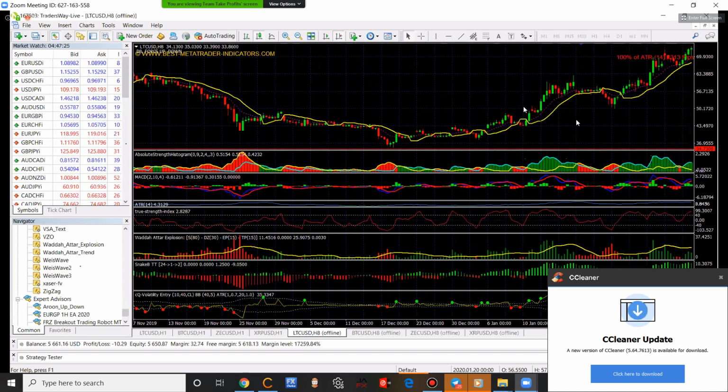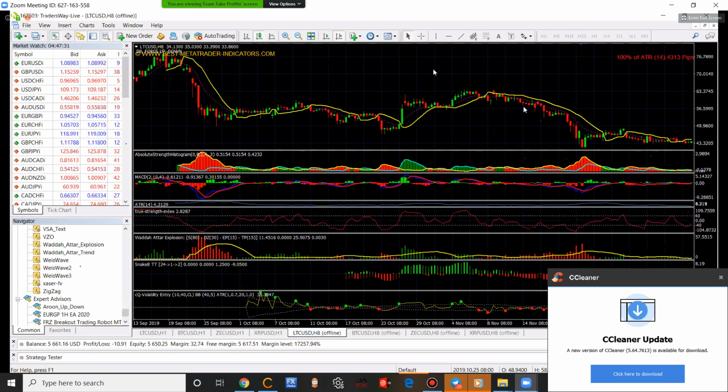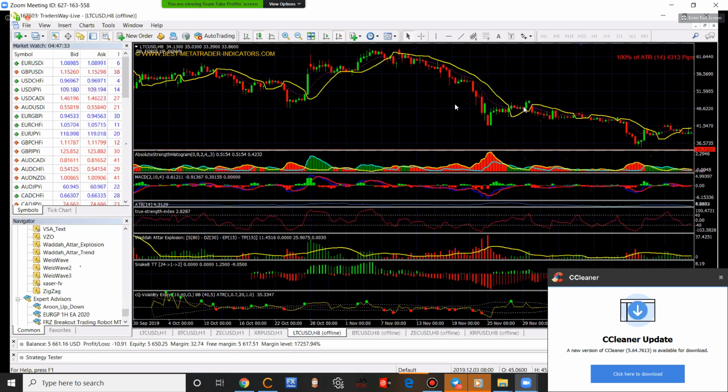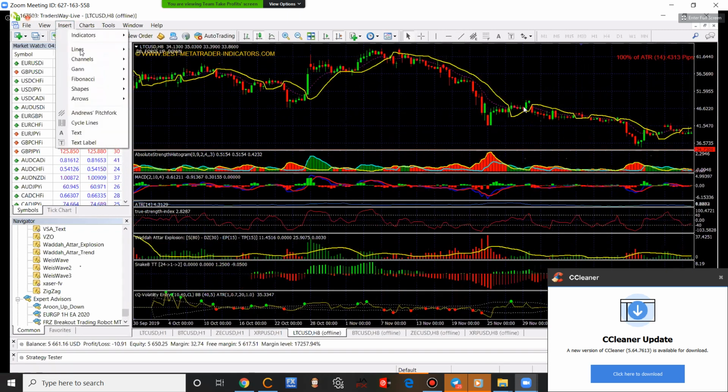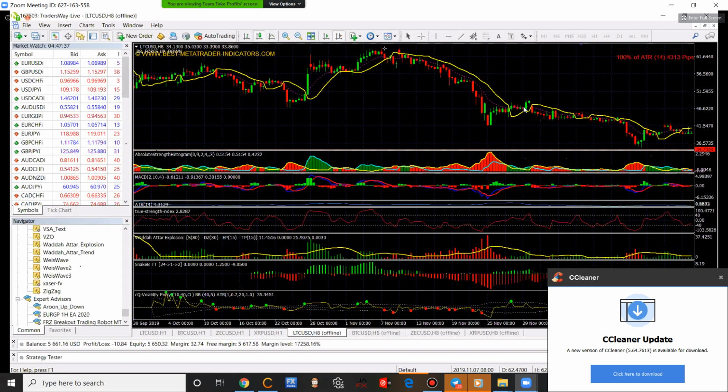The problem is the entry criteria isn't 100% great, because what I'm trying to do is avoid choppy markets like over here. I know I'm just using Litecoin as an example here, but when the market does this, it screws up my entry almost always.